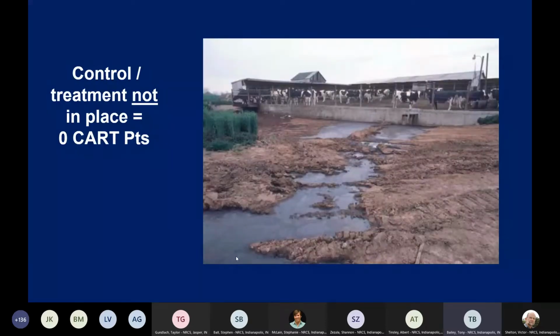So in this case, we've had this before, showed this picture before. Runoff, don't have the gutters, little to no curbing, a lot of runoff off this facility, water quality concerns, erosion, pathogens, nutrients. So the points on that would be 0.